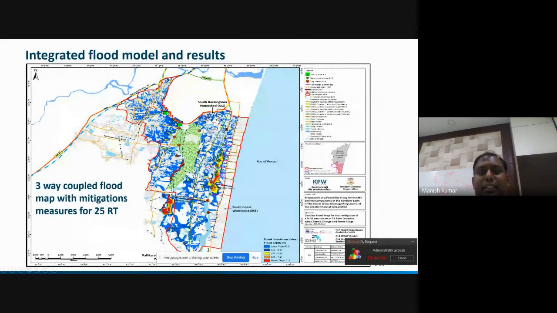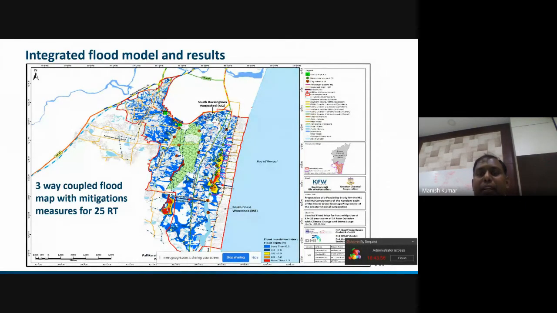You can see this river, and what we did is we created a mesh file for this area, and that mesh file includes the building details, the road lines, the railway link, and all the rivers.